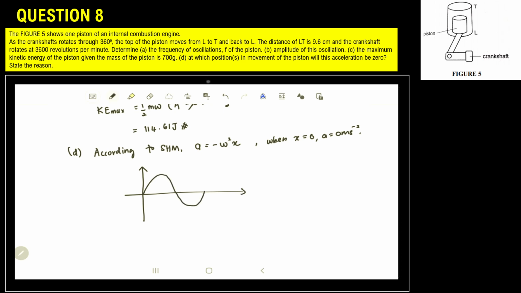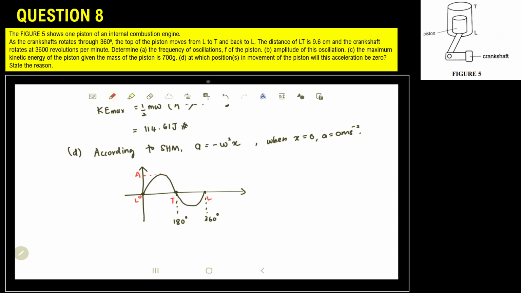you can see here, let's say this is halfway, 180 degree, so this is 360 degree. The piston starts from L to T and back to L. This is the amplitude A, and this is 0.